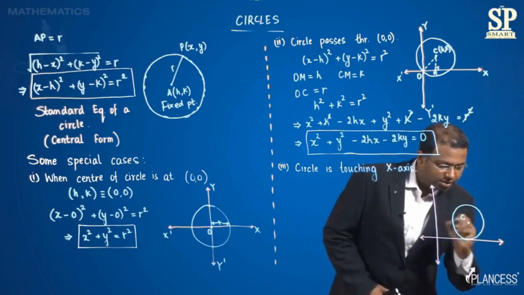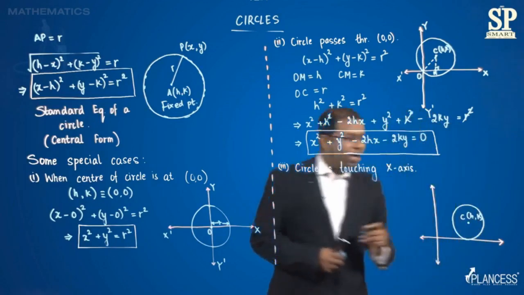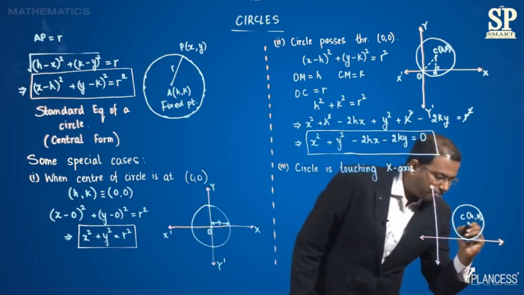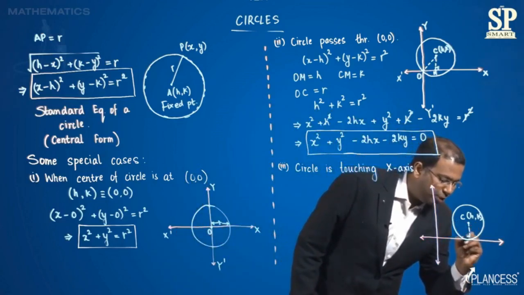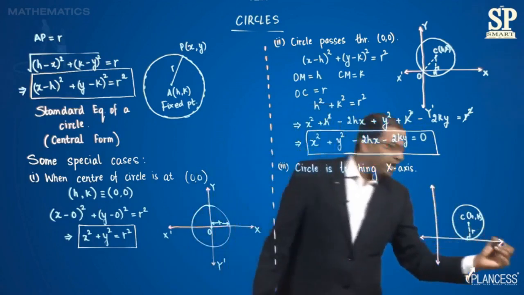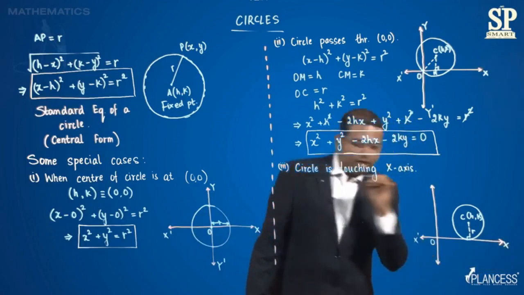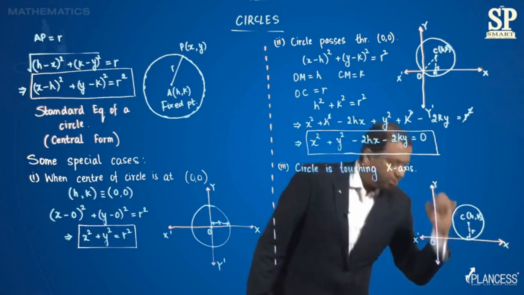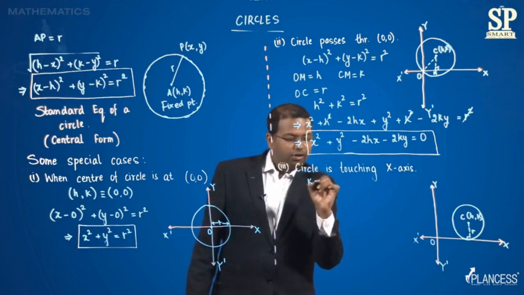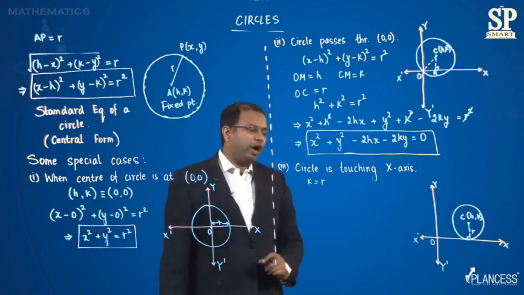Let us say C is the center having coordinates h, k, and this circle has a radius r. So this perpendicular distance is r. Now from the figure you can easily make out that the constant k will be equal to r, which is the y coordinate.